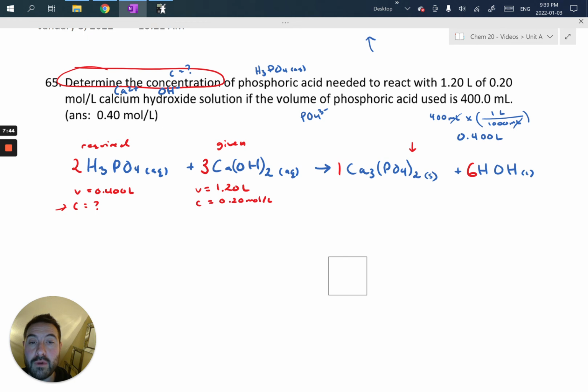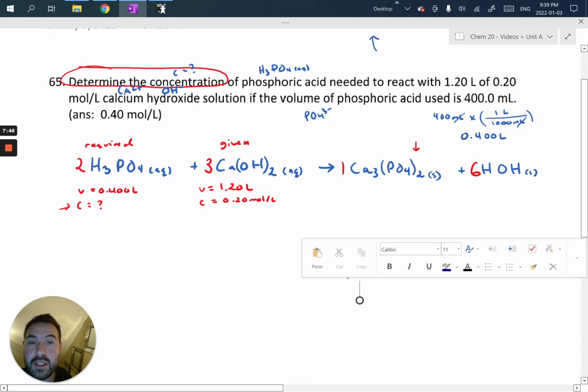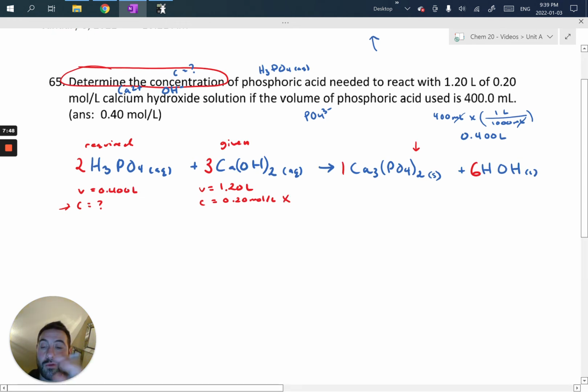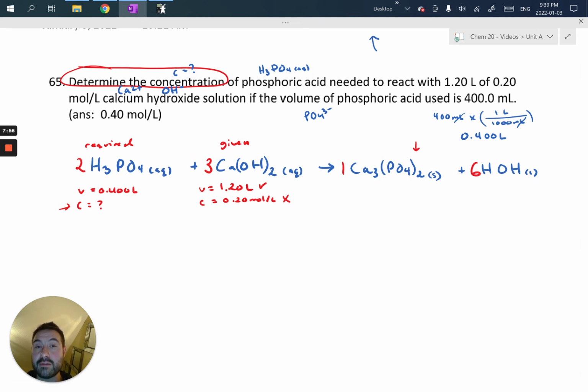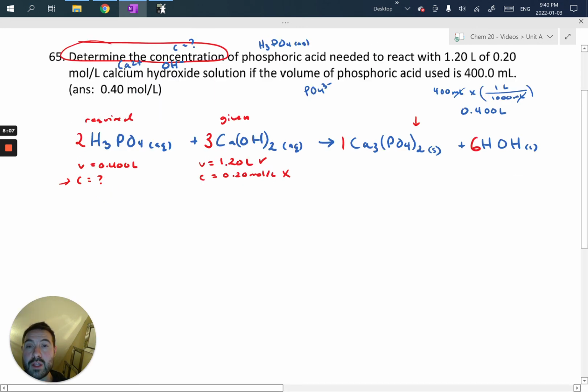Never start with a conversion factor. Don't start with the thing that has 2 units, the rate. Always start with the thing that has the single unit. Your rate or your moles per liter, that's always going to be how you're converting a volume to moles, because in stoichiometry we have to get to moles so that we can jump from one substance to another by using the molar ratio.